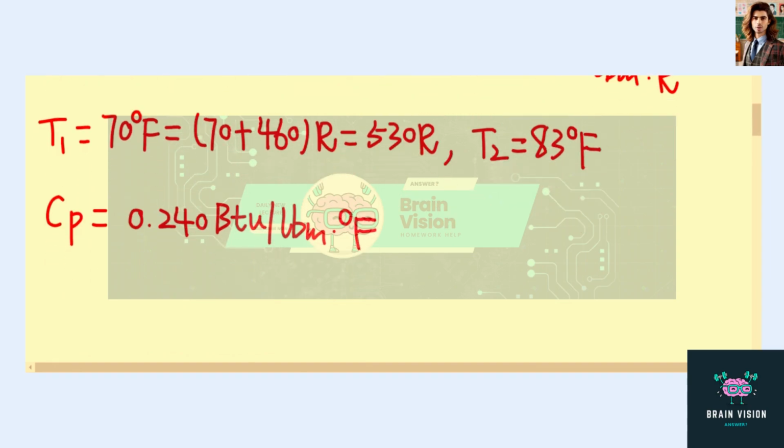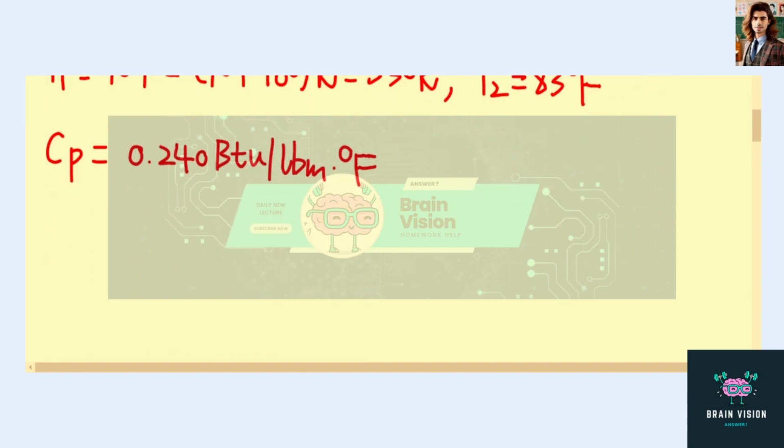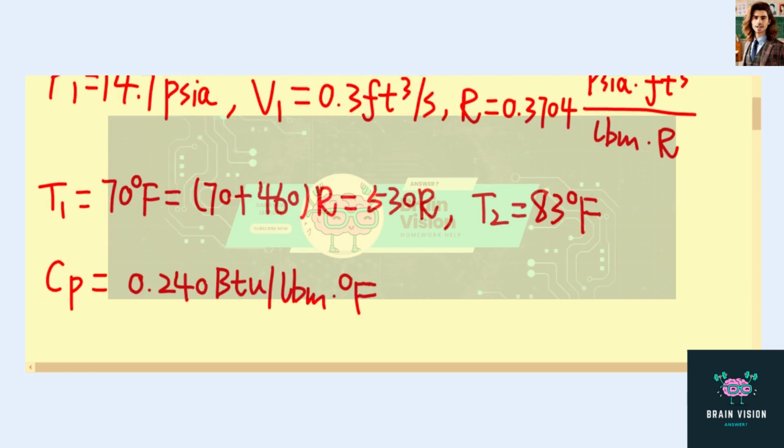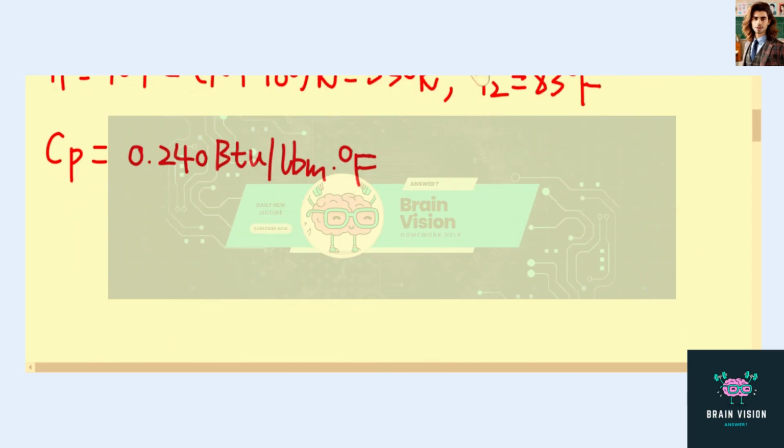And we know the specific heat for the air at constant pressure is 0.240 British thermal units per pound mass times degree Fahrenheit. So now let's plug back into the equation to determine the power that was dissipated.